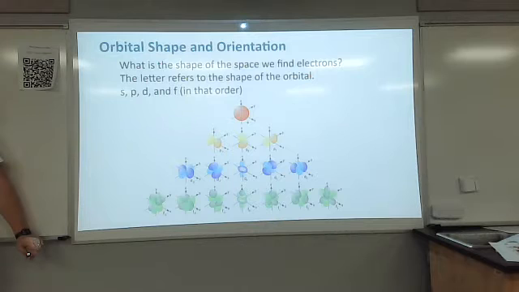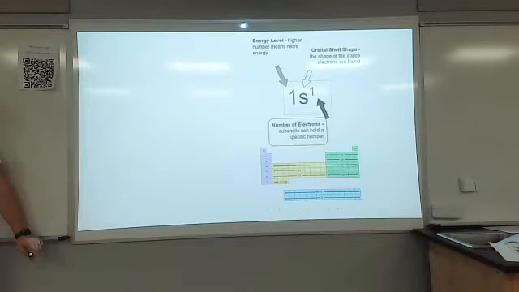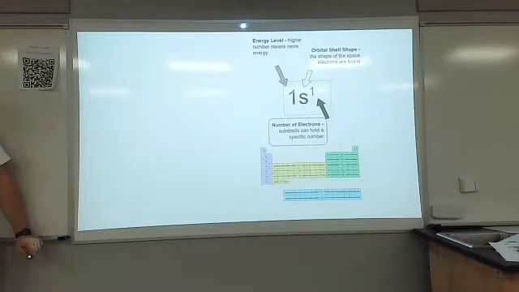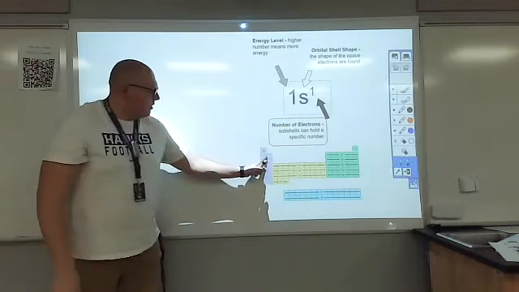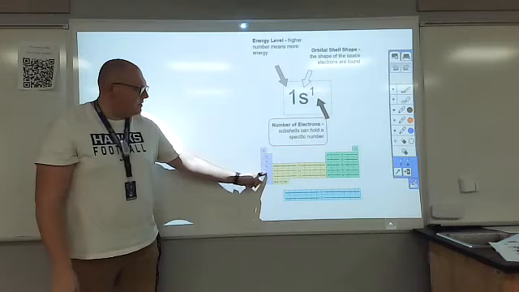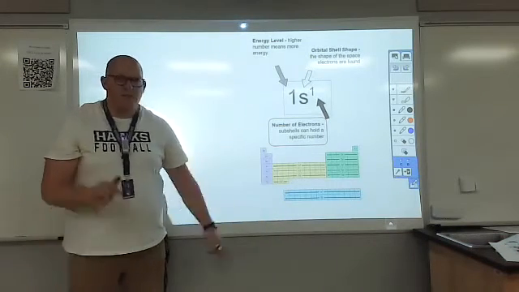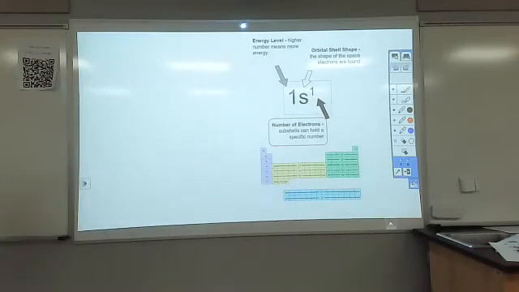Okay, cool. So you may have noticed this pattern. Let's see if I can find where I put it. Right here, right? All of these elements, if we were to fill up their shells, we would find that the s orbital is the last one we fill up. So that's why these two rows are sometimes called the s block.